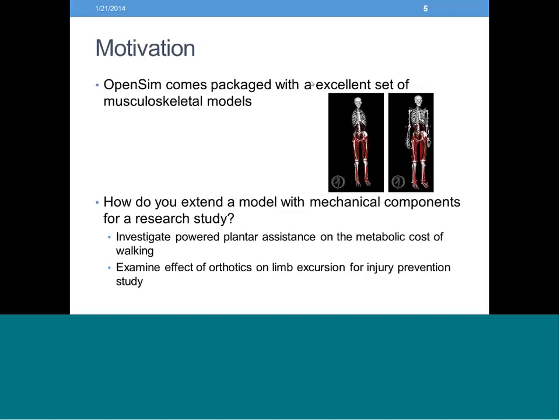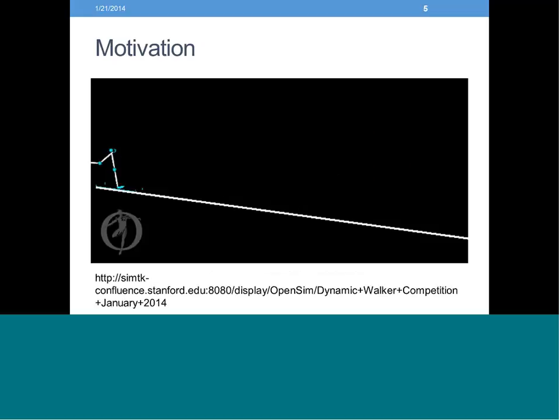For example, you might want to investigate powered plantar assistance on the metabolic cost of walking. Or you might want to look at an orthotic design to see its effect on limb excursion for an injury prevention study you do. And to extend a model, we really need to understand what an OpenSim model is. How do we create it? How do we edit it? And that's really the goal of today's presentation.